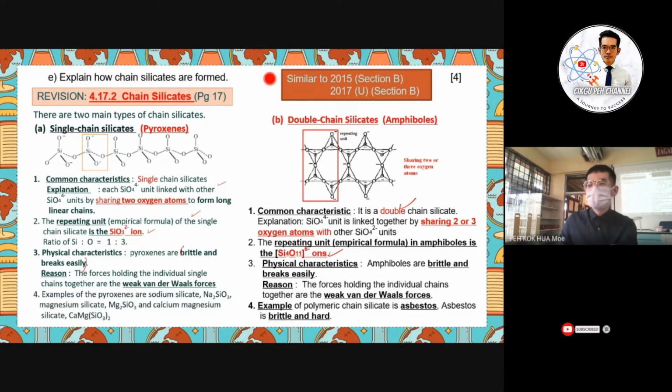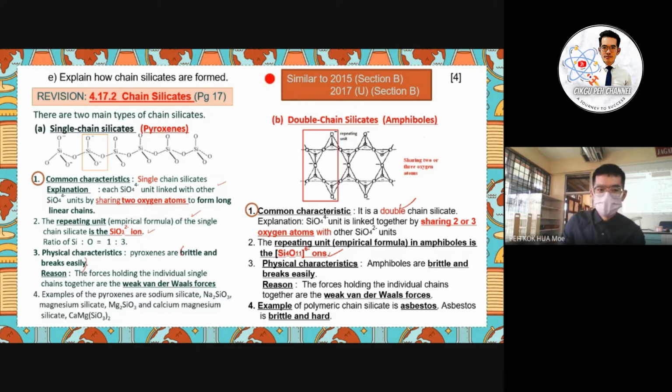Sometimes the question will give you asbestos. You have to identify whether it is a double chain or single chain. We already discussed this at section B in the previous lesson. So this is all important info you have to memorize. So first, the question asks you how chain silicates are formed.